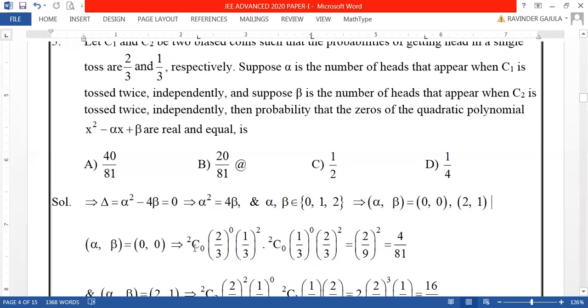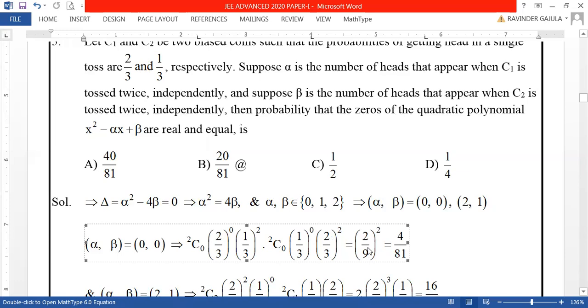Sorry, this is 2C0 which is 1, (1/3)^2 is 1 by 9, and here this is 1, and 2 square, it is 4 by 9. On the whole, it is 1 by 9 into 4 by 9.